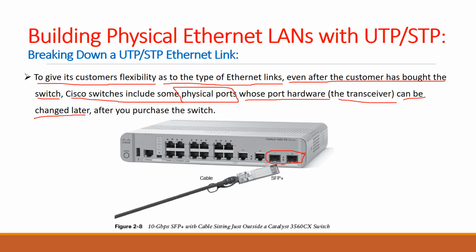So these 12 ports can be used for copper wires, and these two ports can be used for either copper wires or fiber optic cables, based on the type of small form factor pluggable you are purchasing to hook up inside these ports. So sometimes you use it for an Ethernet RJ45 cable, or you can use a different one for fiber optic cable.